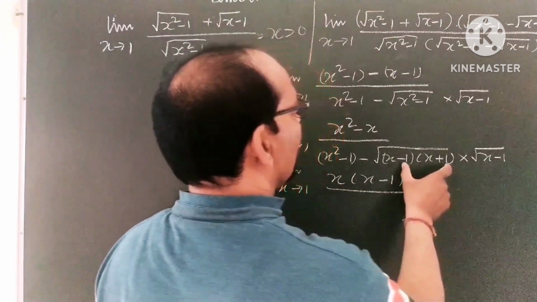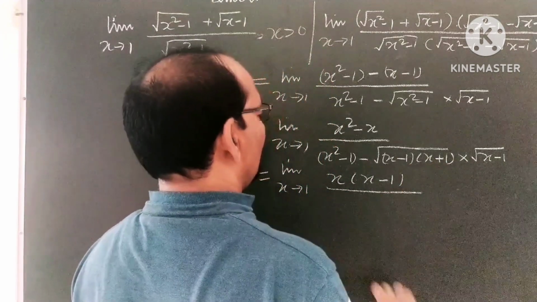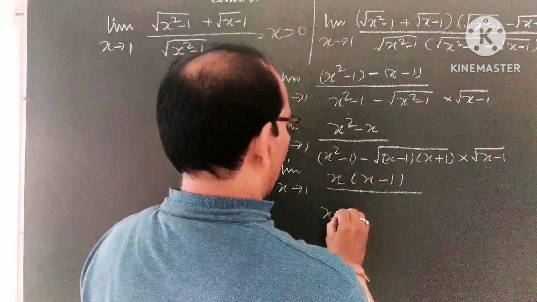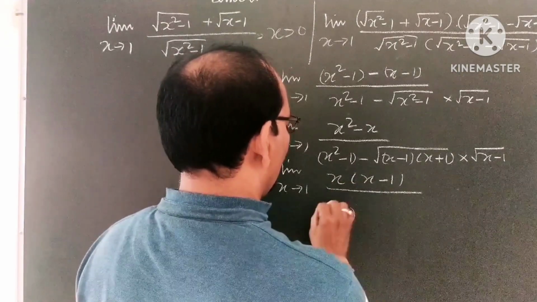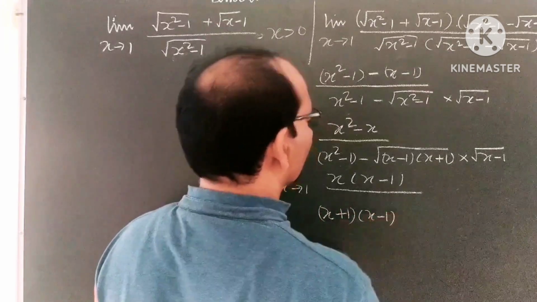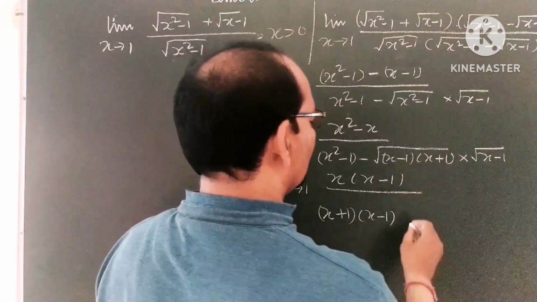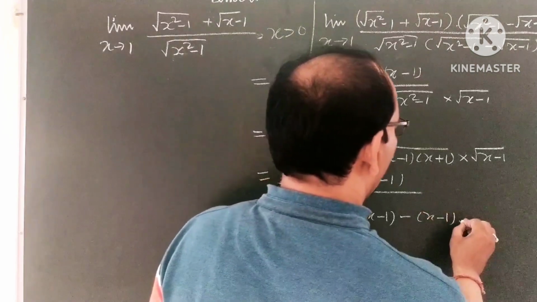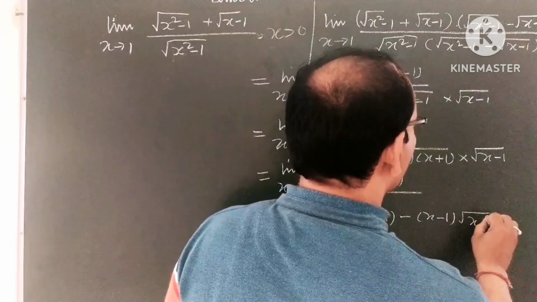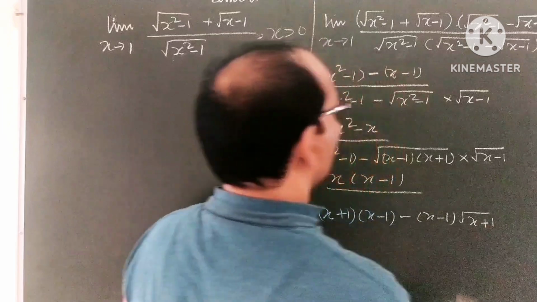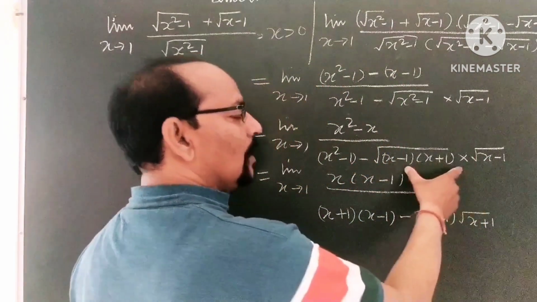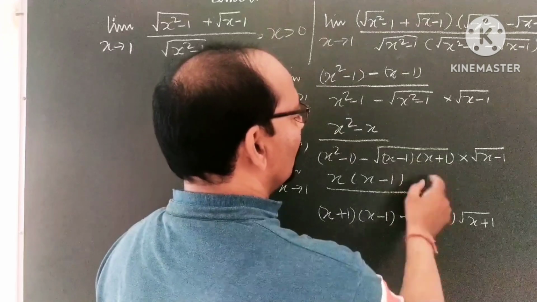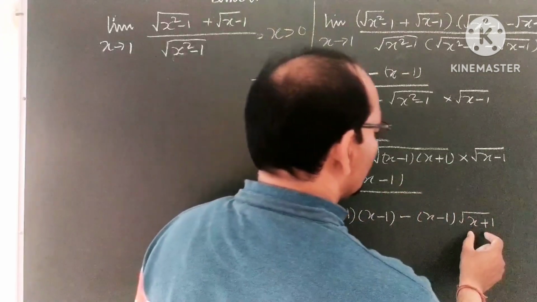This and this are the same in both, therefore it will be x plus 1 and x minus 1, and this multiplied gives x minus 1, and there will be root of x plus 1. Because this and this are the same and under the root, therefore x minus 1 comes out from the root, and the rest stays as it is.